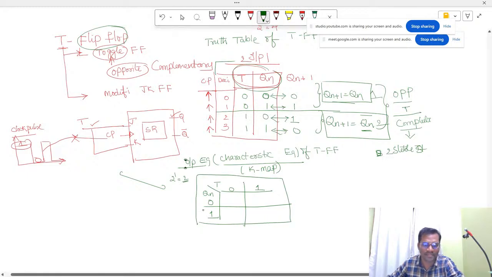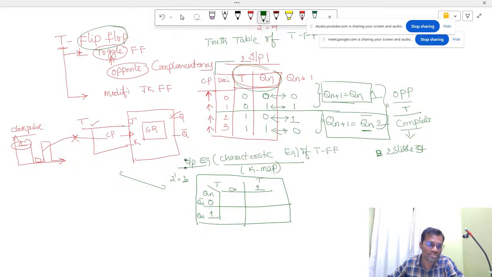This is called a K map. So now how do we write 0? How do we write 1? Qn is 1, Qn bar is 0. T is 1, T bar is 0.